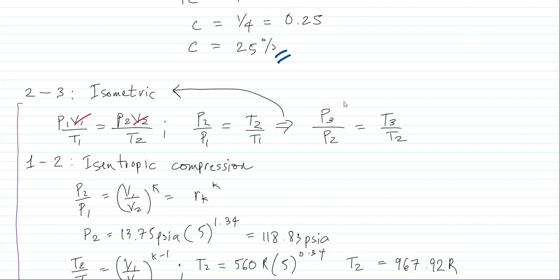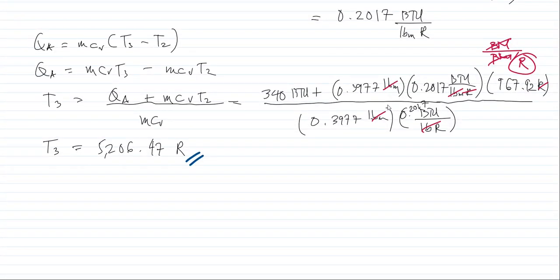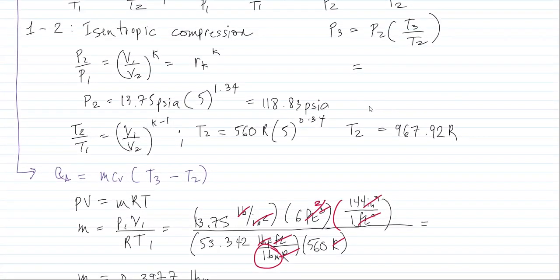So pressure 3, we will simply use this formula. P3 over P2 is equal to T3 over T2. So P3 is equal to P2 times T3 over T2. P2 we have solved a while ago, 118.83 psia.